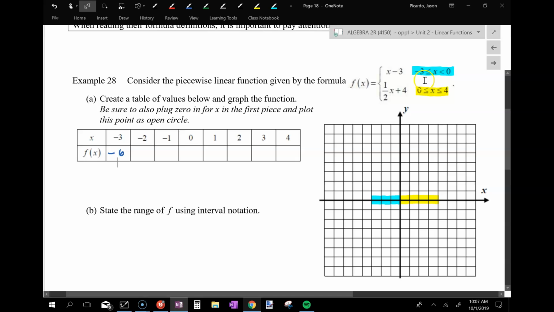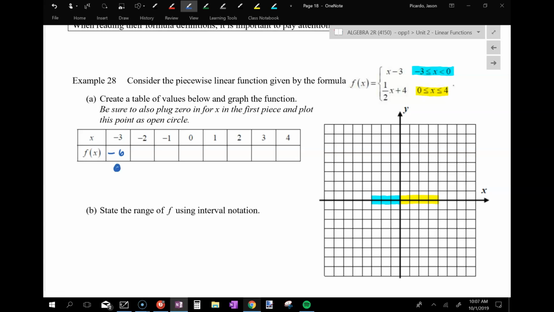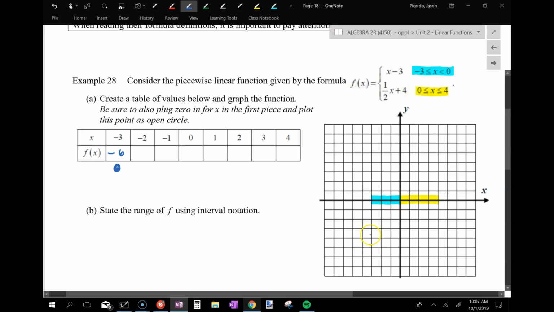Is -3 a part of the domain? It says -3 is less than or equal to. So is it a part of the domain? So I'm going to make a little note that that's going to be a closed circle. And on my graph at -3, -6, I'm going to put a closed circle.